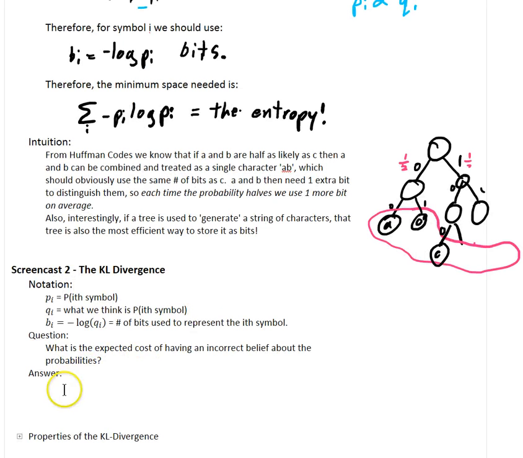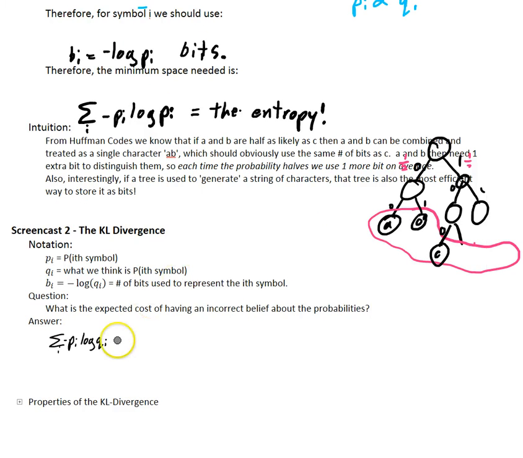The cost is going to be this minus the sum over i of minus p_i log of p_i. Right? And we can combine this into one term, which will just be the sum over i of p_i times the log of p_i over q_i. Okay?